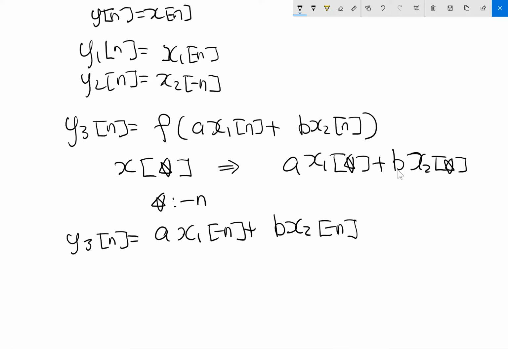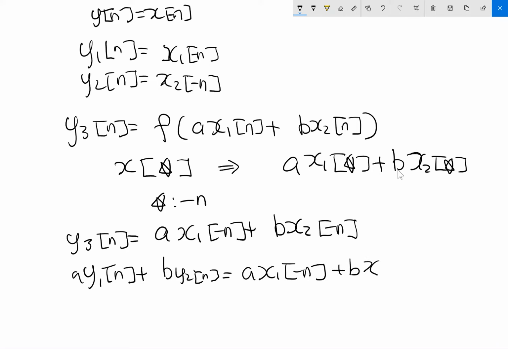And we can see that a y1[n] plus b y2[n] is just a x1[-n] plus b x2[-n]. So this one equal to y3. Because it equals y3, we can conclude that this system is linear.